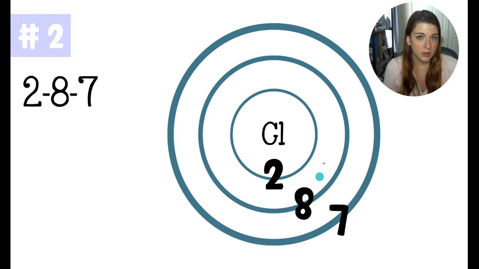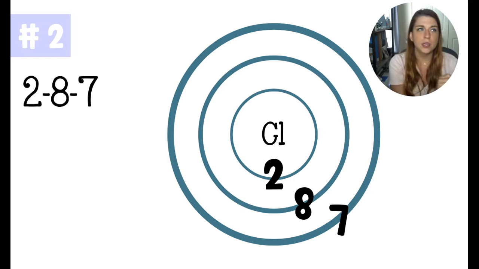Chlorine is in the 3rd period of the periodic table, so it will have 3 rings of electrons. And that first ring will only hold 2 electrons, just like we did with Bohr models. There are 2 elements in the 2nd period, so chlorine can hold 2 electrons in its first electron energy level. It will hold 8 in the 2nd, and then just 7 in the 3rd.